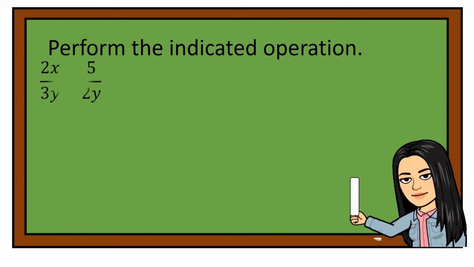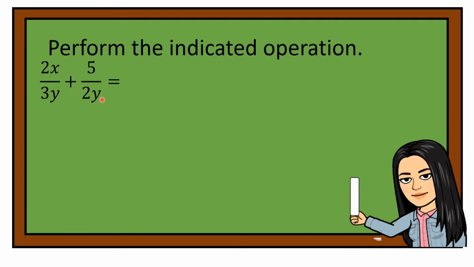Let us perform the indicated operation. 2x over 3y plus 5 over 2y. So we can apply the rules in addition and subtraction of dissimilar rational algebraic expressions.